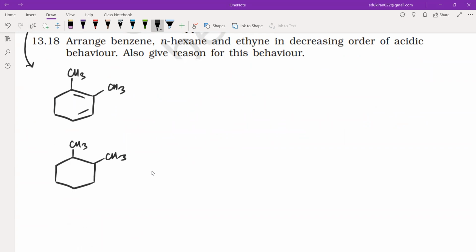Please remember that you have to draw both the structures for benzene and then draw the product.